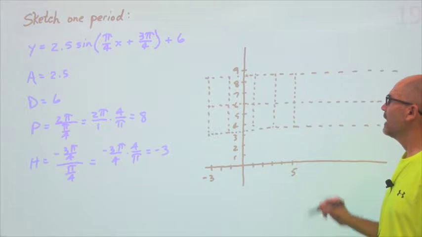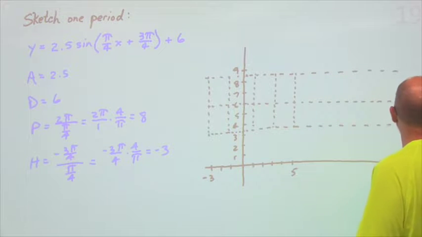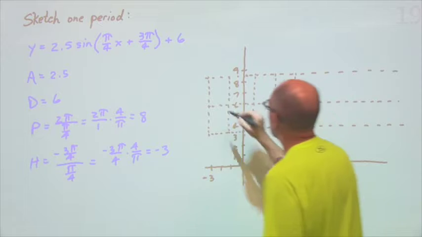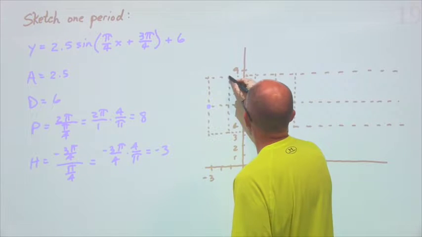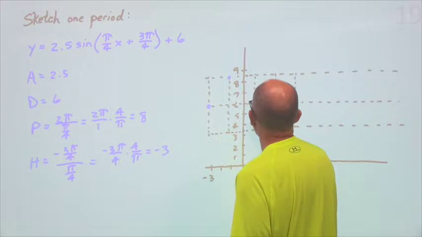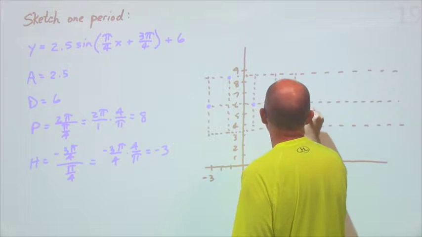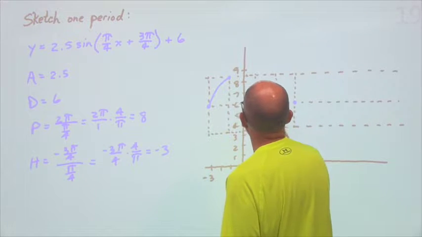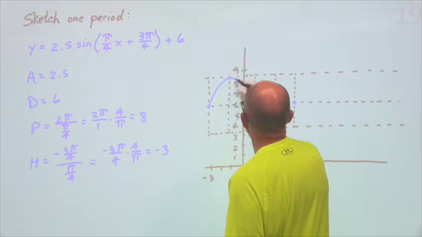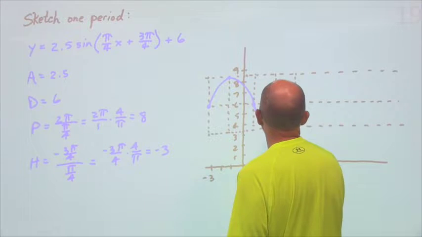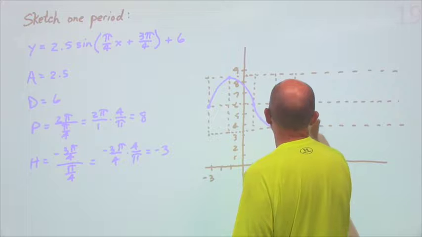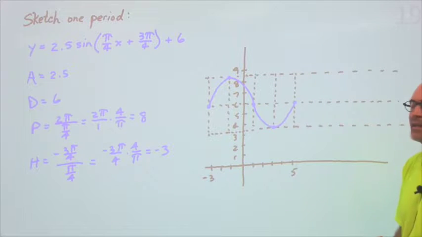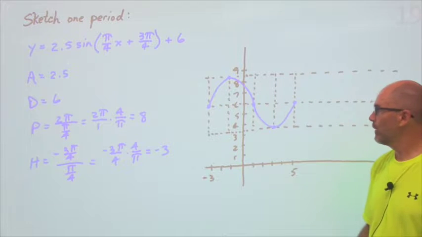Now we have a sine curve, and that means we go middle, top, middle, bottom, middle. That's it, a beautiful curve.